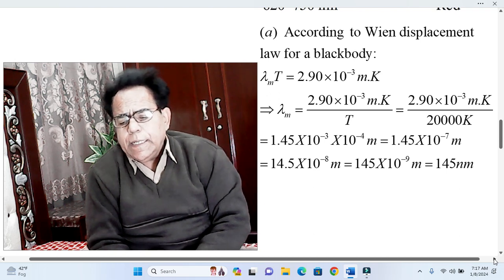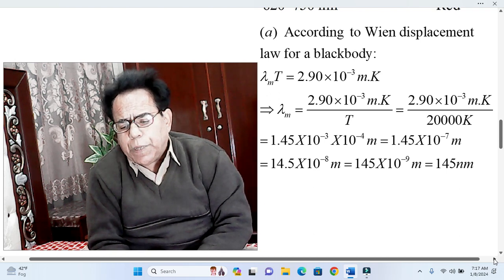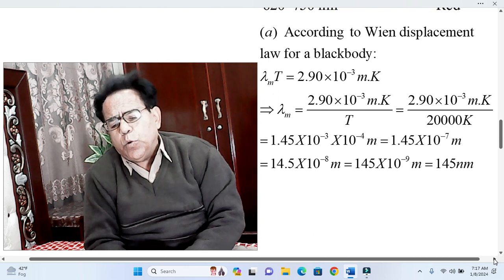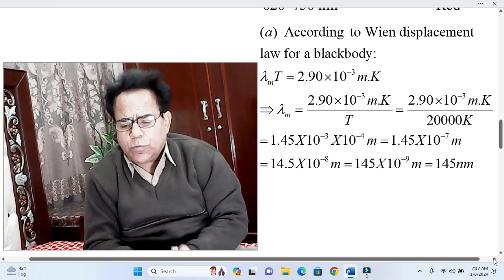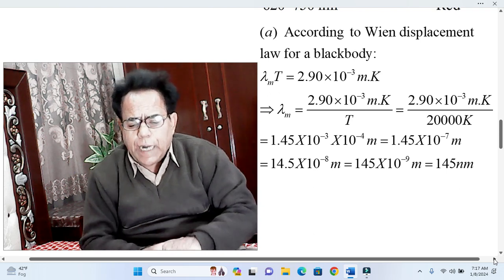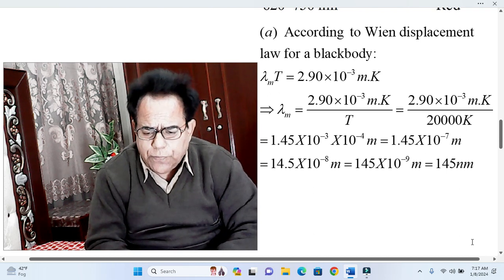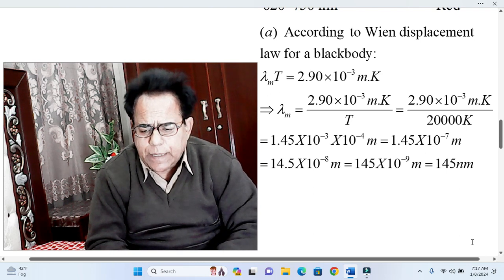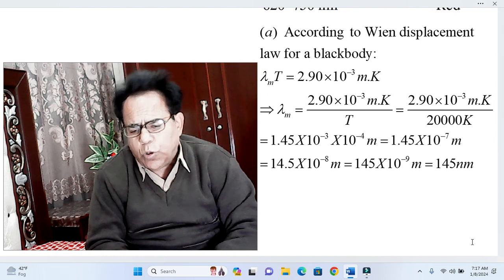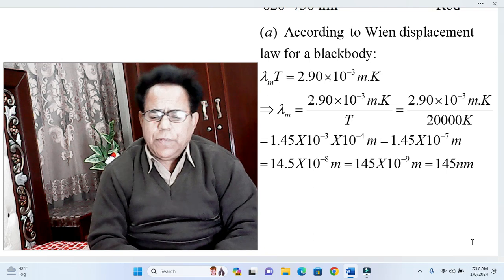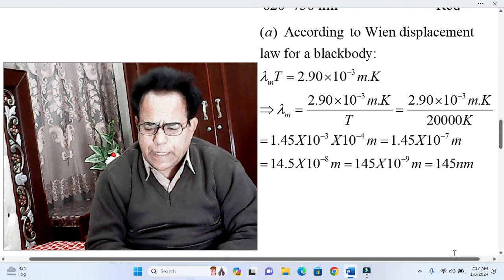Here it is 10 raised to the power plus 4, but after having been shifted to the numerator, it will become minus. So now lambda m becomes equal to 1.45 into 10 raised to the power minus 7. Minus 4 and minus 3 will contribute as addition, and they will become 10 raised to the power minus 7 meter.